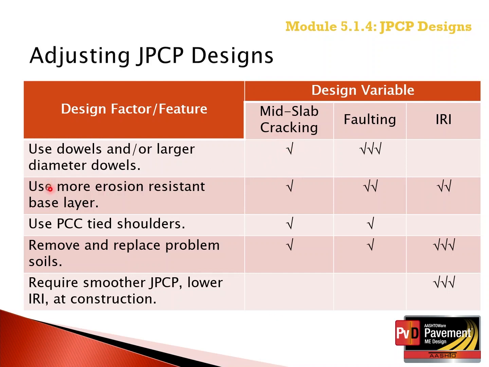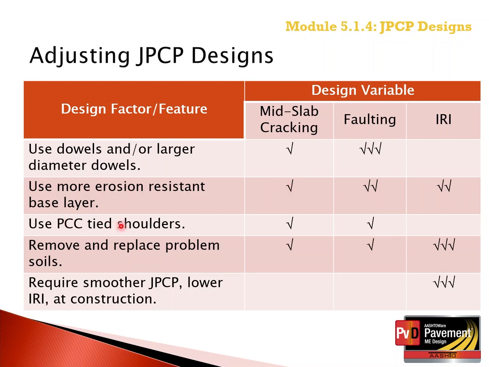The use of erosion-resistant base layers and/or base layers with a higher elastic or resilient modulus will moderately reduce faulting and IRI, but has a minor impact on mid-slab cracking.